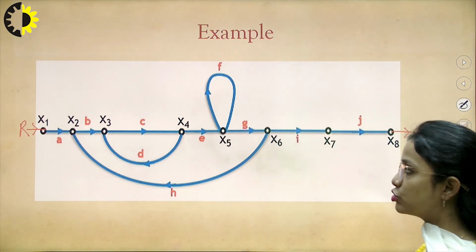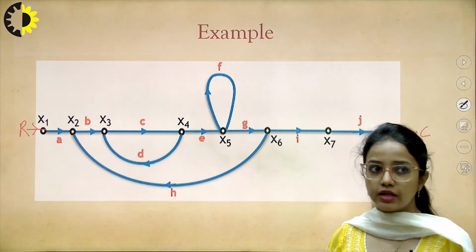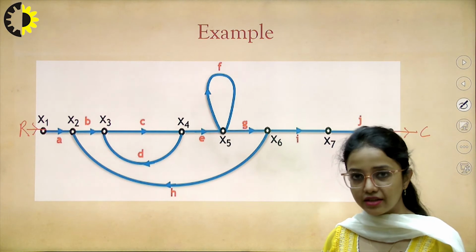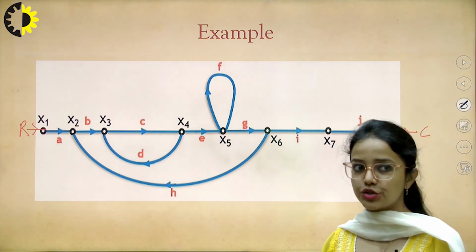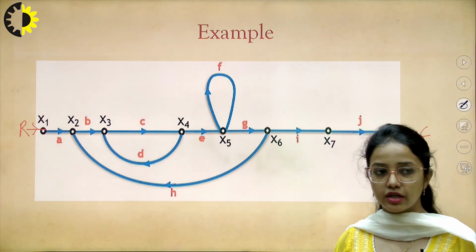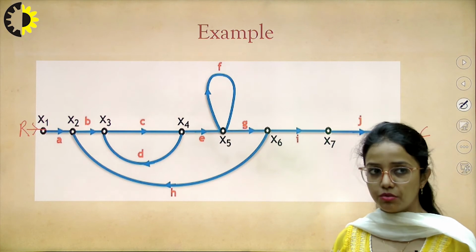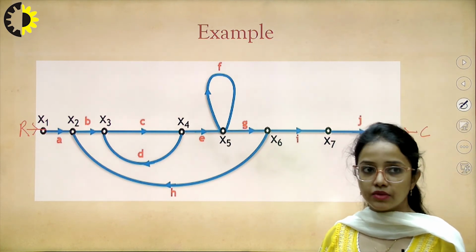Of course x2 is a summation point. Why? Because I can see that it has two entering branches, one with gain A, another with gain H. Similarly x3 is also a summation point. It has two input branches, one with gain B, another with gain D.